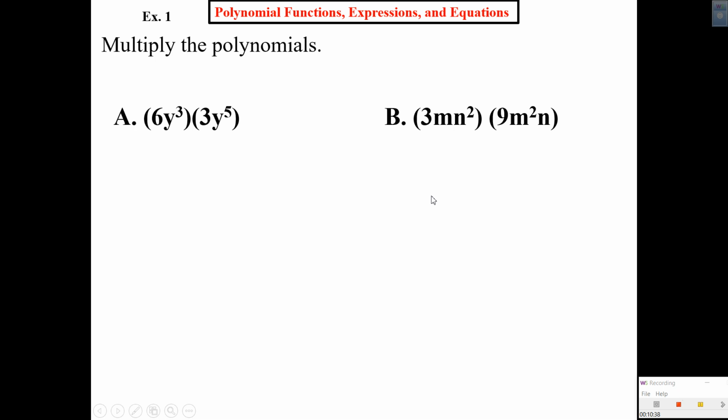Copy this one, example 1. Multiply the polynomials. We got for part A, 6y to the third times 3y to the fifth, and for part B, 3m n squared times 9m squared n. Just copy it. I'm going to do one of them, you do the other.